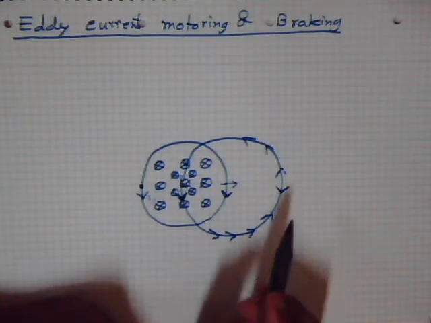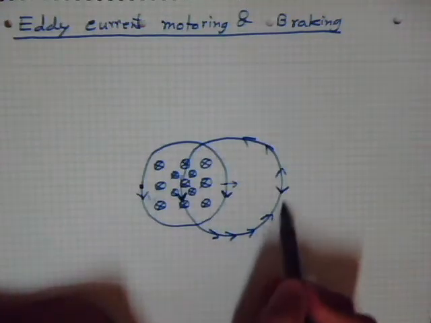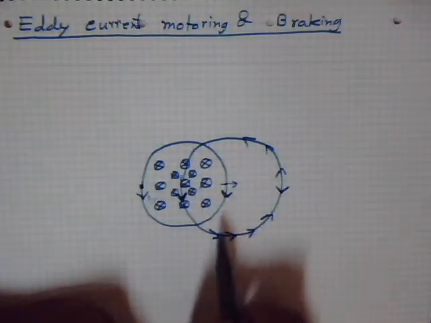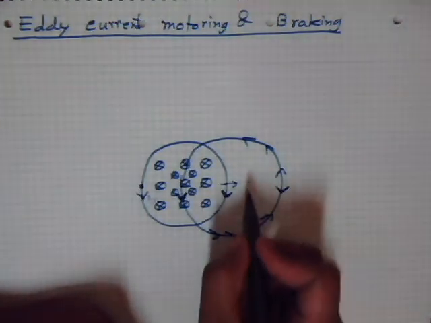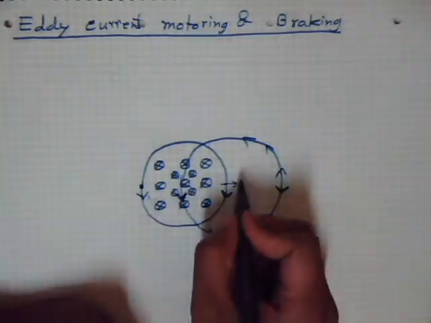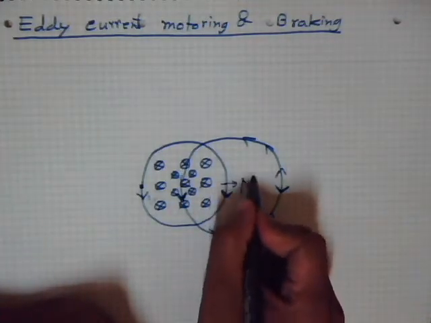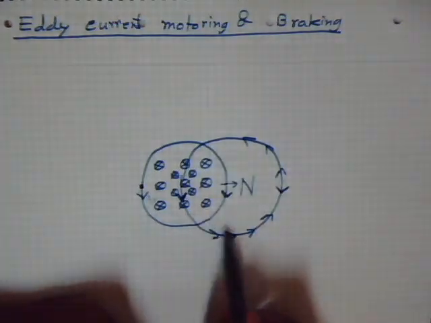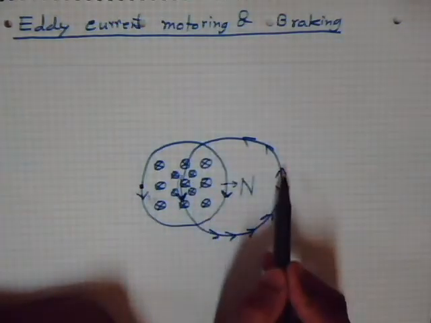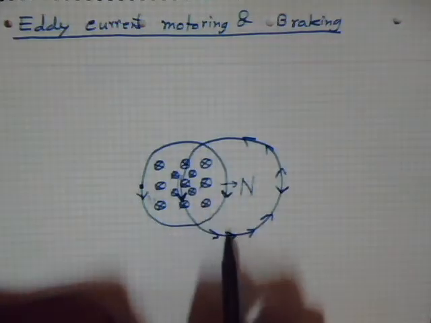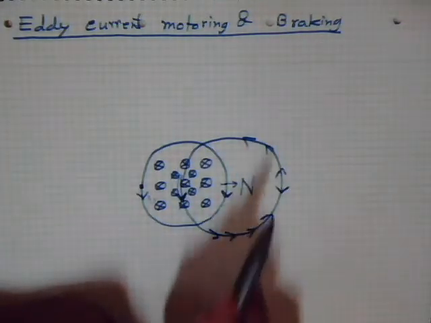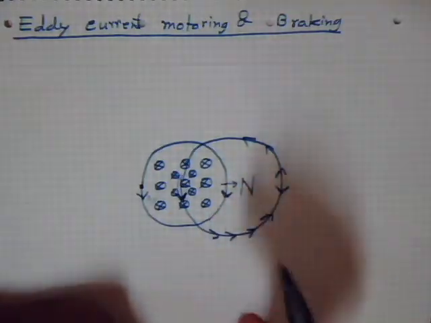If the current is in counterclockwise direction, it will generate a north pole facing upwards. If you consider this turn or coil, the effect of this circulating current is equivalent to a north pole facing towards us.